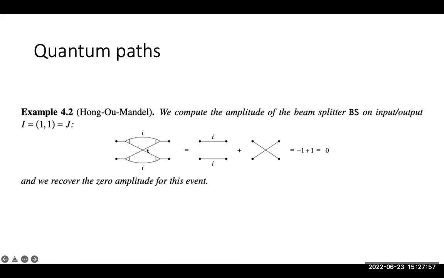If you use the branching law, you can prove that this is equal to this sum of 2 terms. The 2 terms correspond to, in the first case, the photons are both reflected, and in the second case, they're both transmitted. Since these have amplitude i each, you multiply these entries and you get -1, and here you get 1. So the 2 possibilities of them both reflecting and both transmitting cancel out and give you 0 probability for this event.